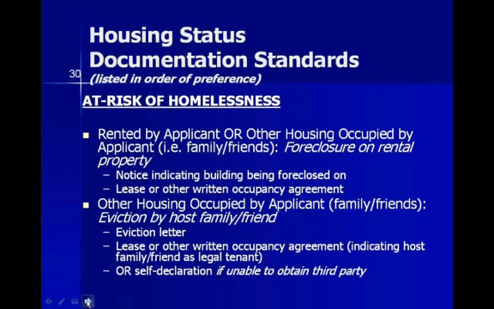In situations where there's other housing that's occupied by the applicant, where a person is living doubled up with family or friends, then some letter or verification from that host family or friend is preferred and should be obtained, if at all possible, verifying that the person has to leave or is being asked to leave, as well as verification that the host family or friend is in fact the legal tenant of that unit.